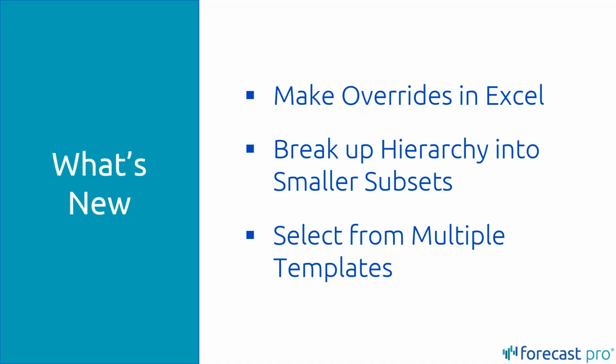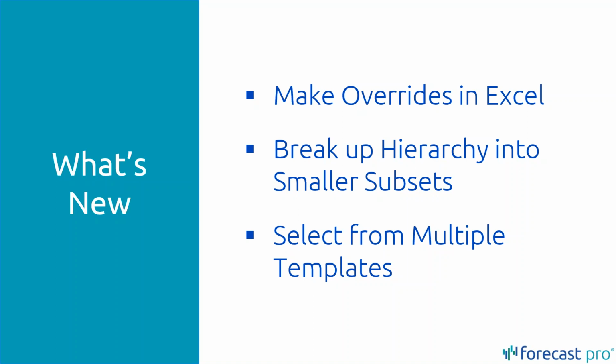This makes it so folks who are more comfortable with Excel, as opposed to having to learn a new software package like Forecast Pro, can make changes, as well as spread the overrides around to other folks. So what this means is we can break up the hierarchy in Forecast Pro into multiple smaller subsets. This allows us to have one master Forecast Pro project that we can break up and distribute the overrides to multiple collaborator users to make their changes. And because they'll be making them in Excel, they'll have access to it anywhere that they have Excel installed.